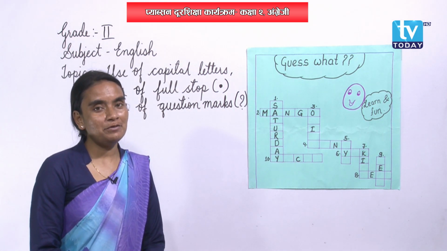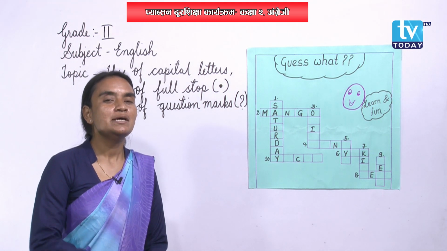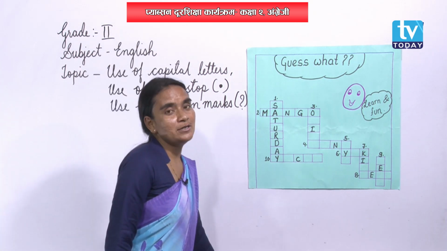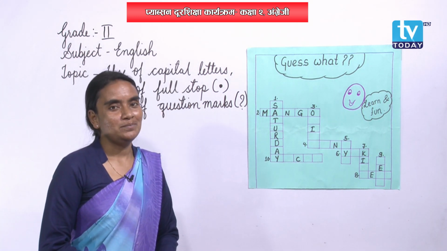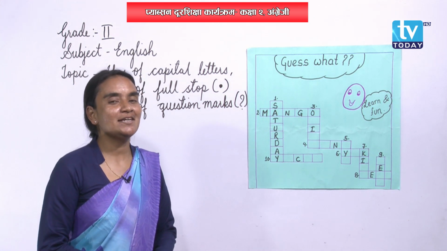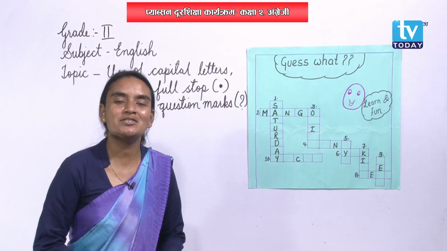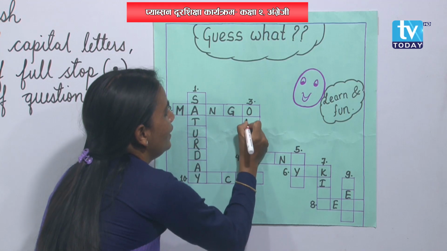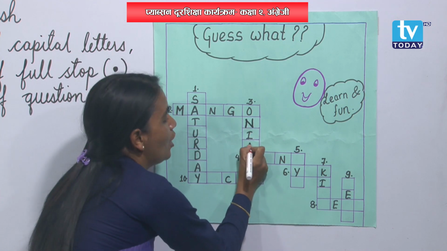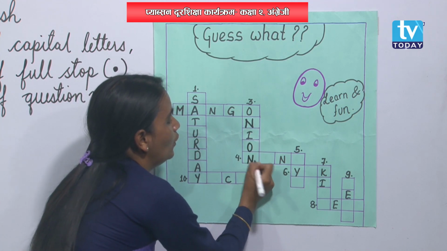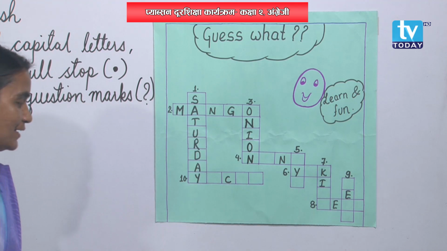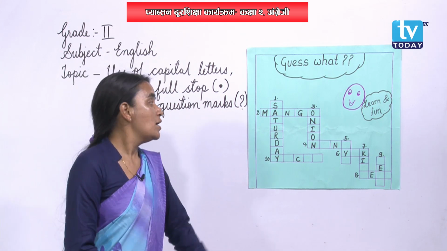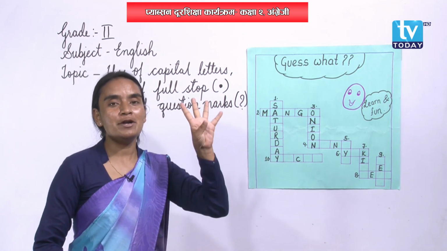It's also a vegetable plus it's also the additional part for making the curry tasty, and the word starts with O. Okay, I can guess it easily and hope all the brilliant students are there to guess it. So it's O-N-I-O-N, onion. Okay, now we have completed number 3.